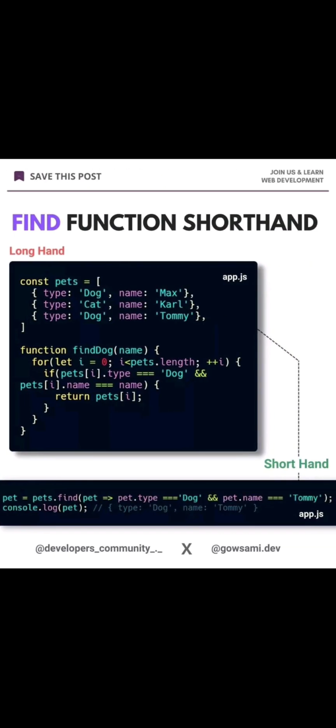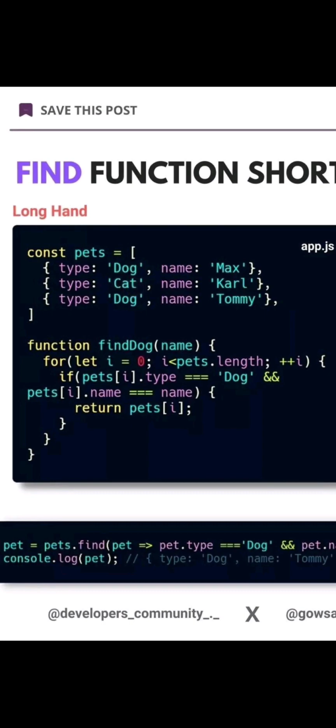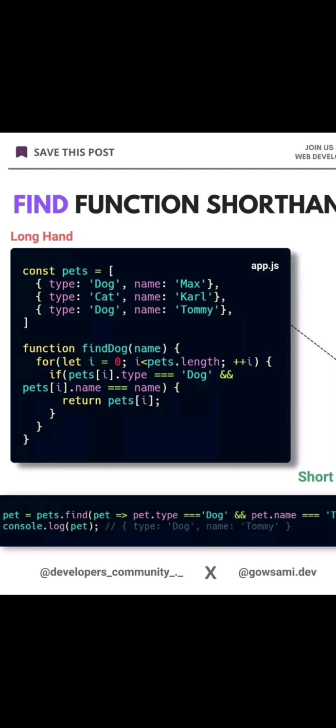Next we will see the find function shorthand. With an array of objects, we can filter some data. If I want particular data, like the type should be dog, I want the data that has the type dog, so I write the code here.